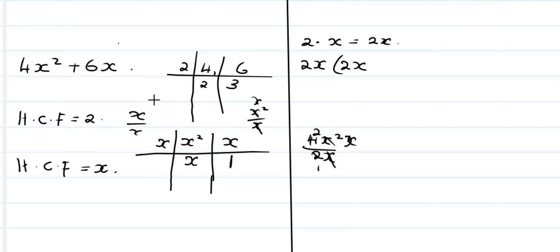The same for 6x: I divide by our HCF, which is 2x, this x goes with that one, and 6 divided by 2 is 3. So I add plus 3 here, and as you can see, 2x multiplied by 3 is 6x. And that becomes our factorized expression.